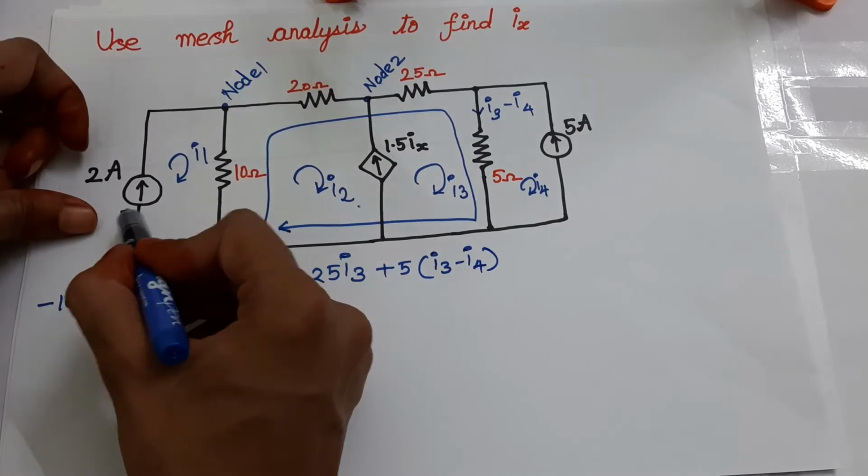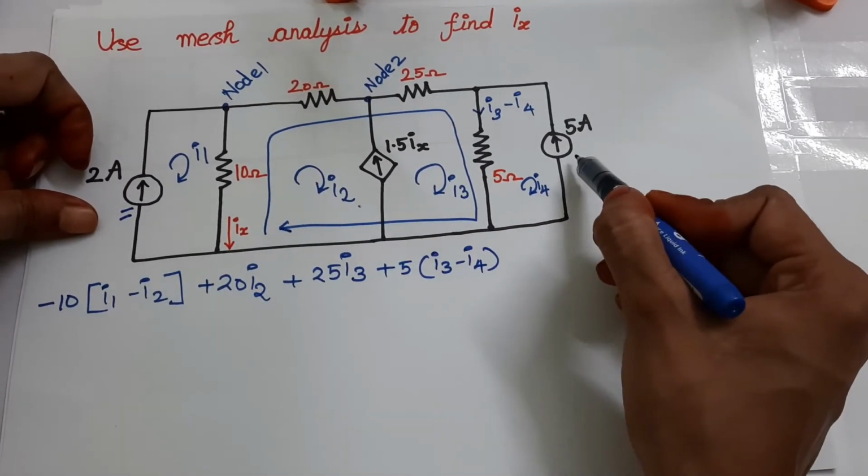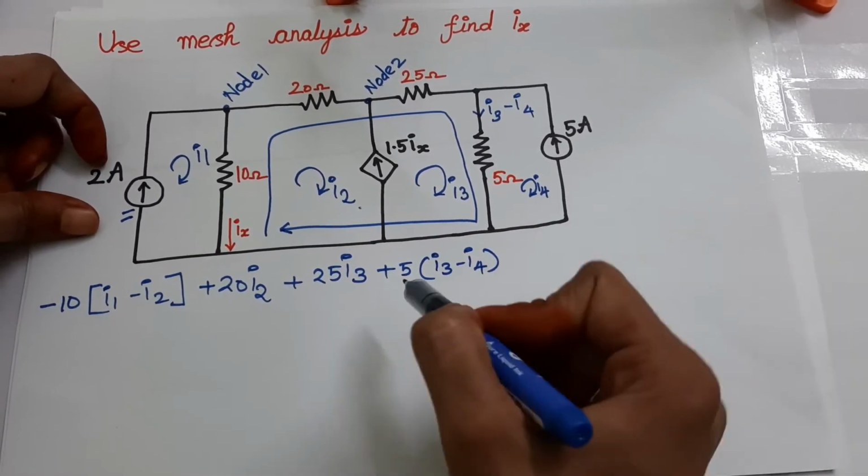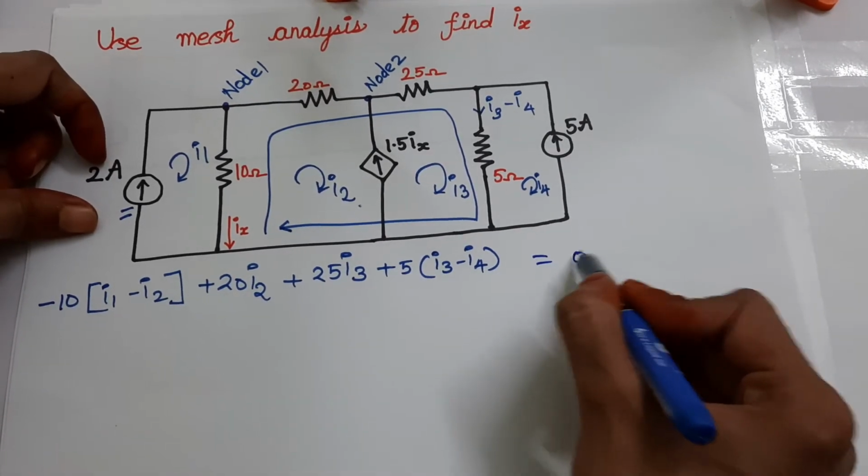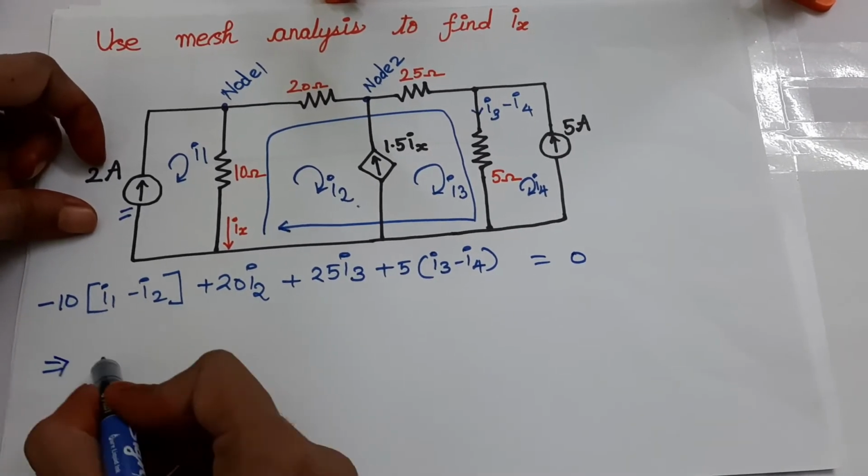We know that I1 is 2 and I4 is minus 5 ampere. If you substitute that here, you will get an equation.